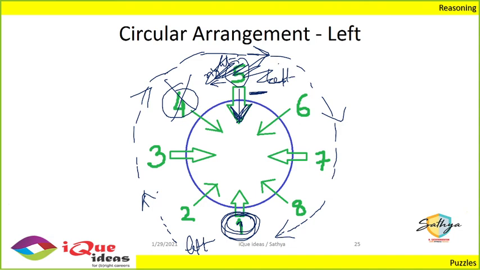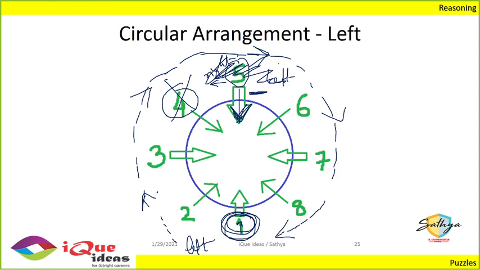Left and right depends on the direction that you are facing. If you start placing people in a circle from the top, you will get confused with left and right and make mistakes. So always place the first person at the bottom, mark the left, mark the arrow, and follow the arrow for every person's left. That way you will not make a mistake when drawing a circular arrangement.